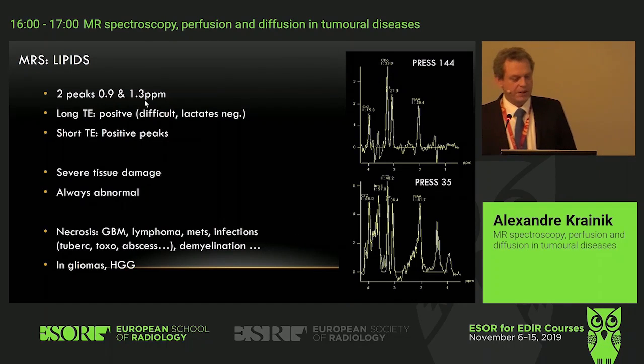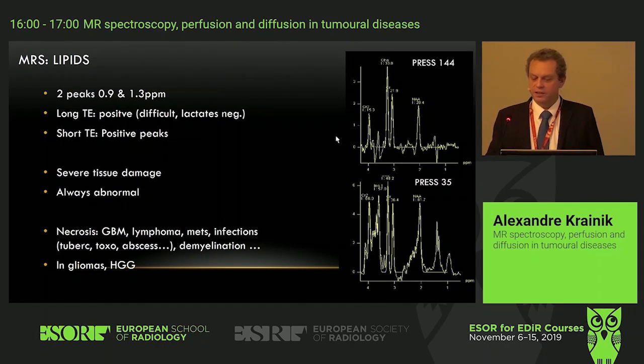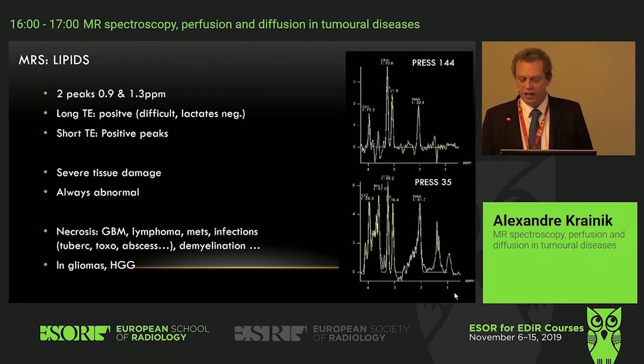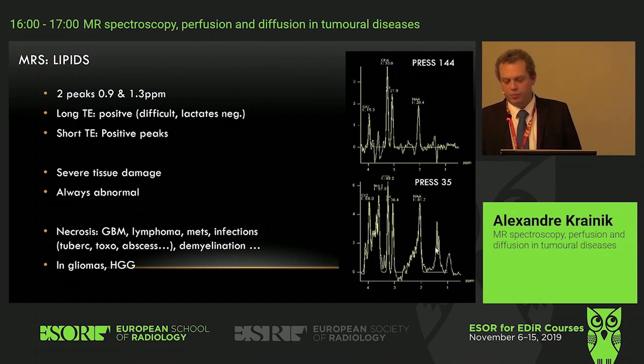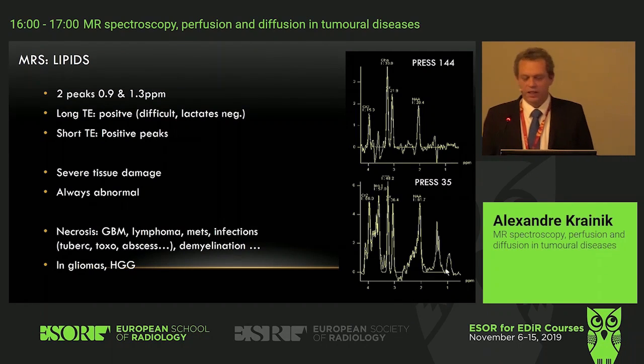What about the lipids? There are two peaks here. You better see the lipids with a short TE at 35. There are two peaks, one at 1.3 and one at 0.9. And this marker is always abnormal. You shouldn't see any lipids normally, and usually it's related to necrosis.